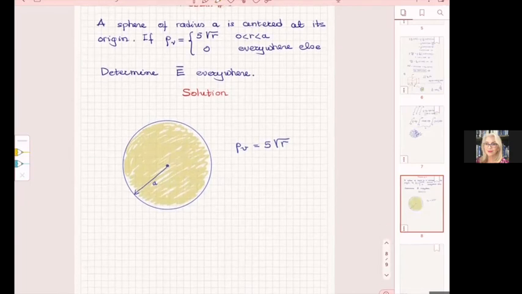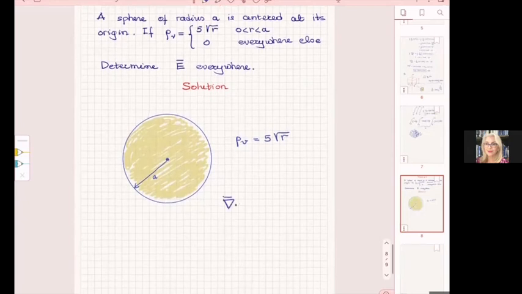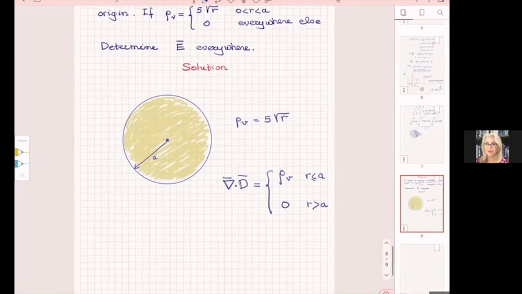So we start again with Gauss's law. Rho v, wherever it exists, and 0 anywhere else. So practically, we have inside the sphere, r less than alpha, and outside, r larger than alpha. We will do the same thing.